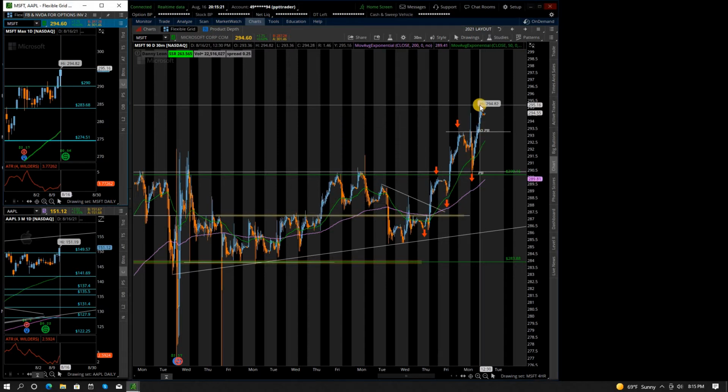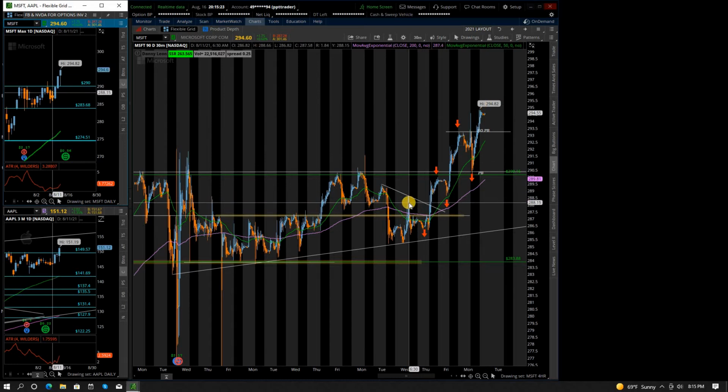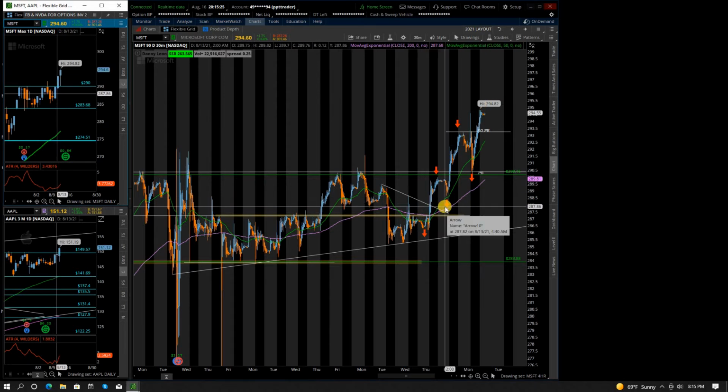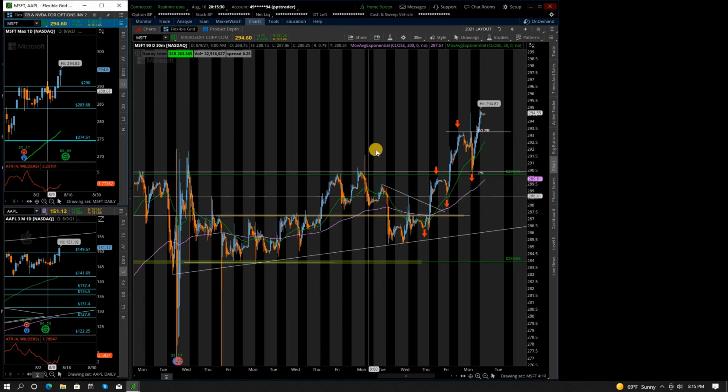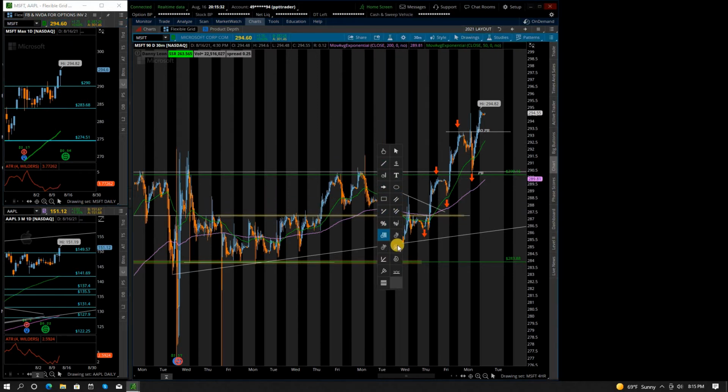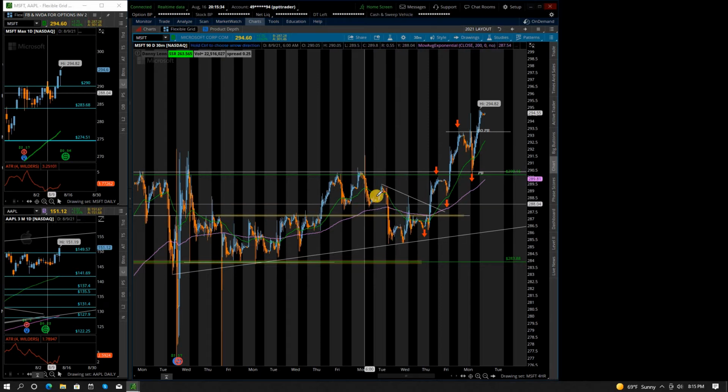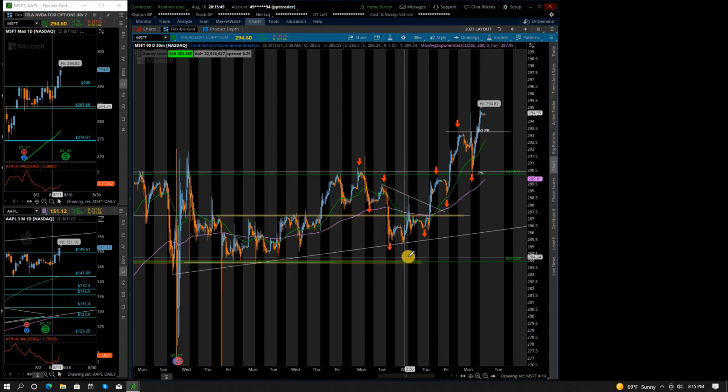Number one, I want to see price making higher highs and higher lows. I use the 30 minute just to get the major moves, like for example here, this little retrace. As we can see here, lower low, lower high, lower low.